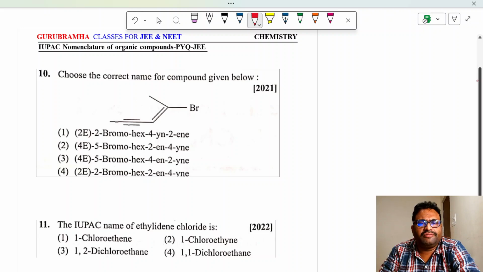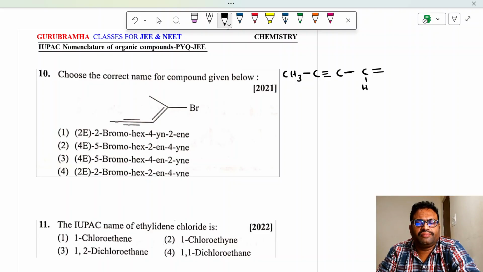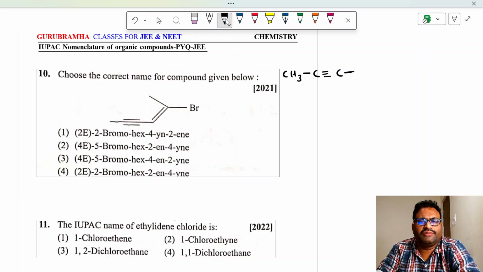When you write this in detail, what will you write? First, let us write from this. CH3, C triple bond, C double bond, H. In some detail, if you mention it. So this part we are writing.